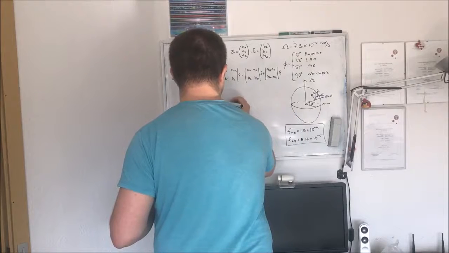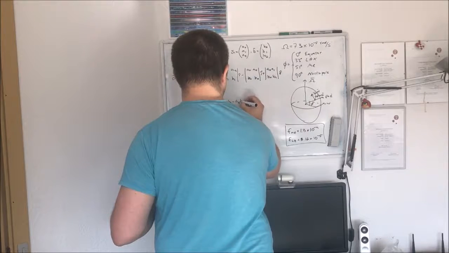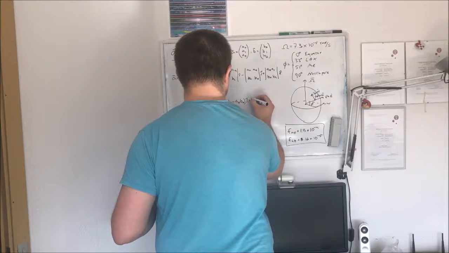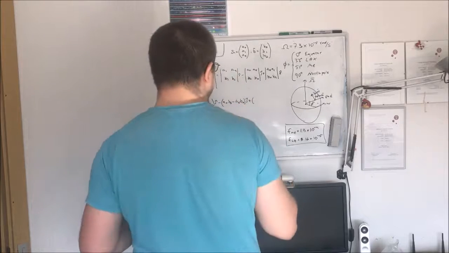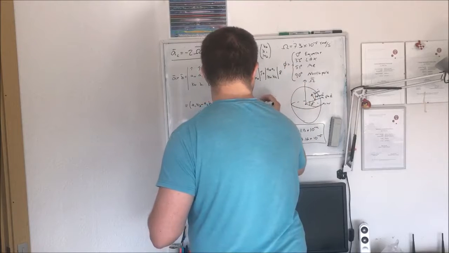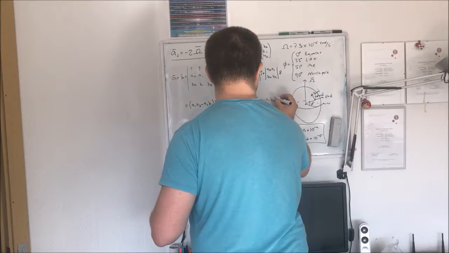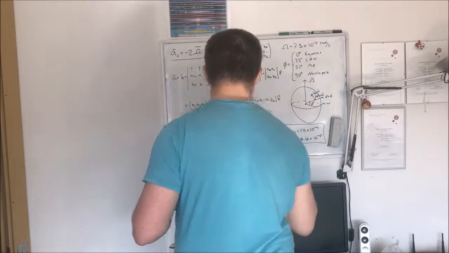So I get A0, B2 minus A2, B0, J hat plus, finally the same thing here, A0, B1 minus A1, B0, K hat.